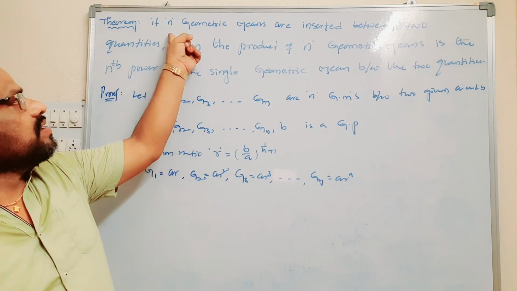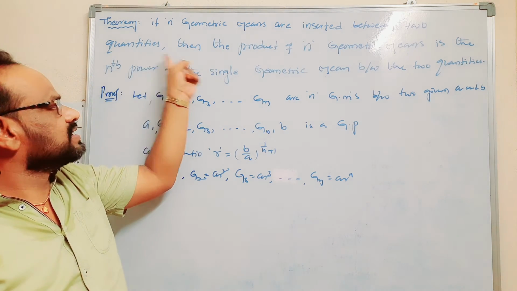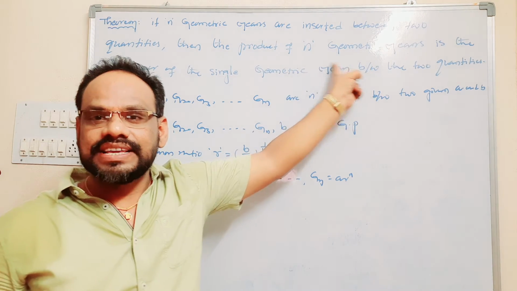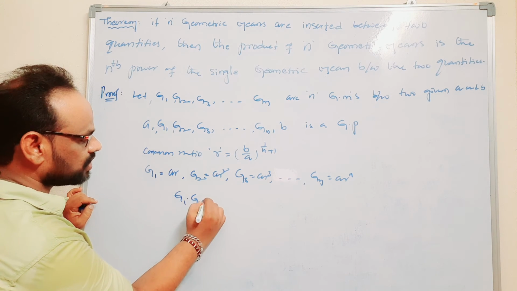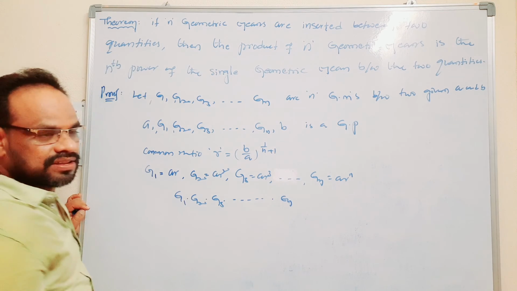If n geometric means are inserted between two given quantities, then the product of the n geometric means is G1 into G2 into G3 and so on into Gn.